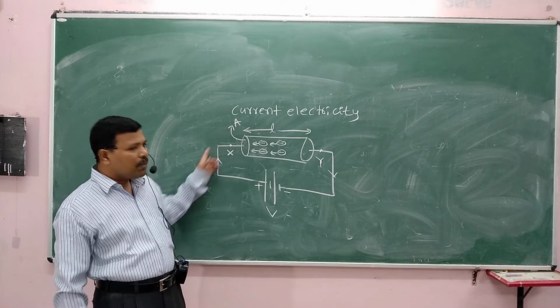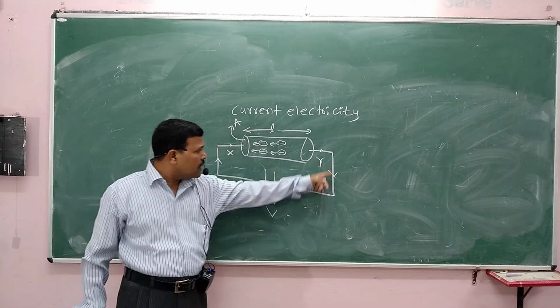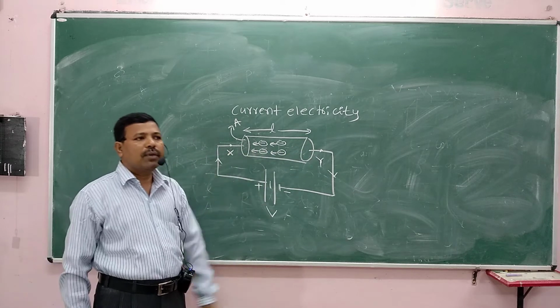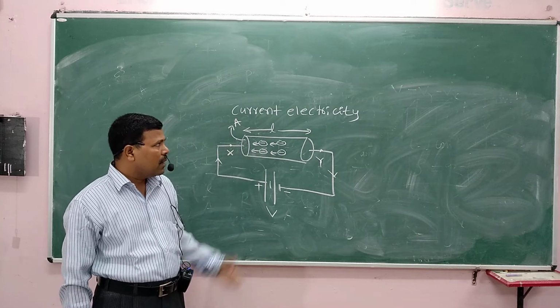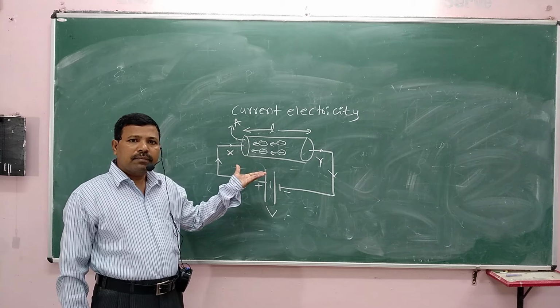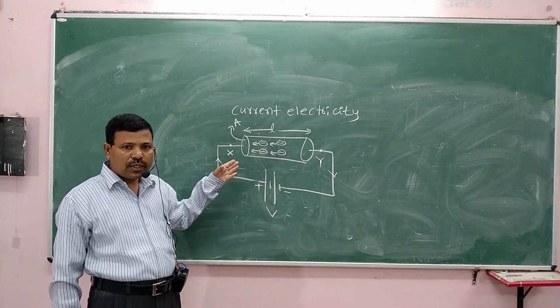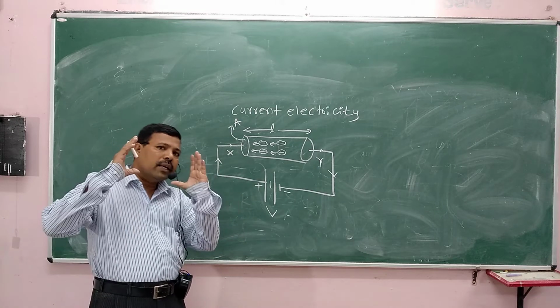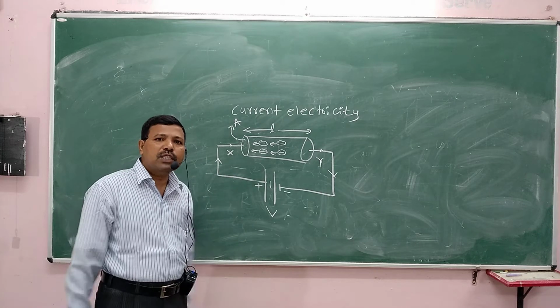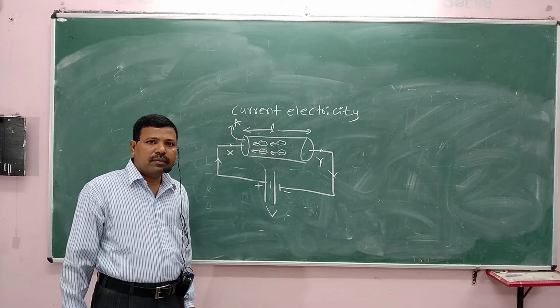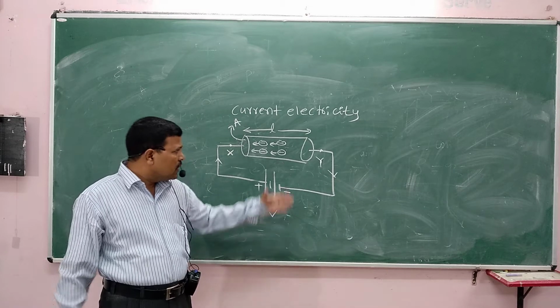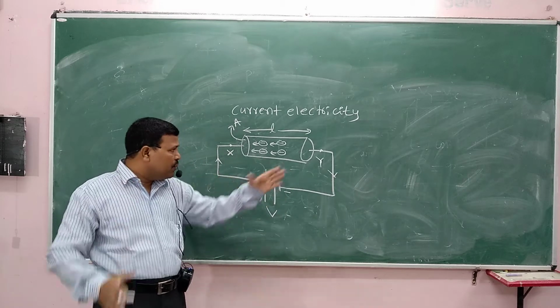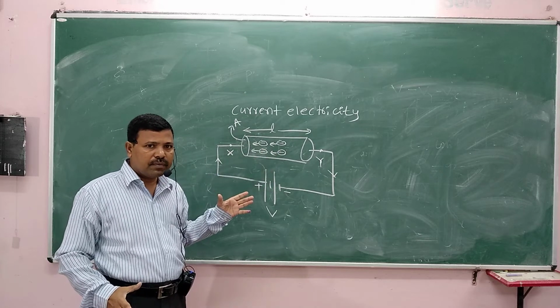The direction of current is against the direction of motion of electrons. Basically, this flow of charges through a conductor is a skin effect. Only the mobile electrons will participate. Electricity is through free charges.